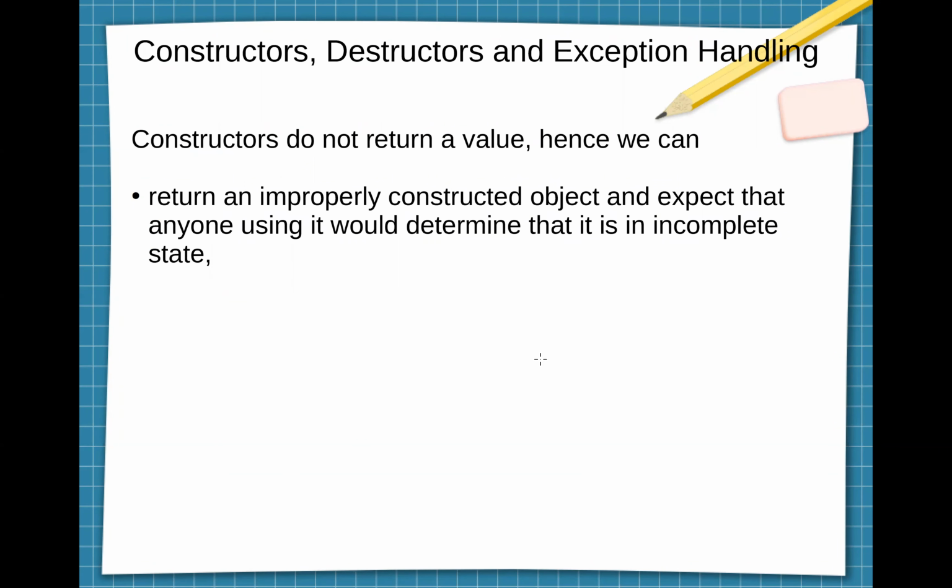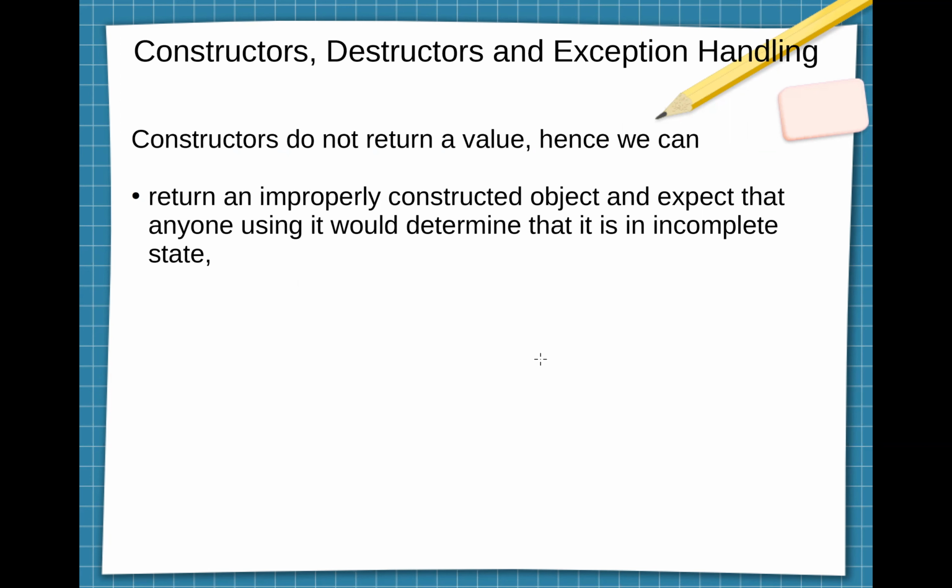Okay, so what happens with exception handling when we have constructors and destructors? Because you see, when we throw an exception, we want to make sure that if we have some memory allocated, it is deallocated properly. So here are some things about constructors and destructors we can think of. In general, we know that constructors do not return a value, right?